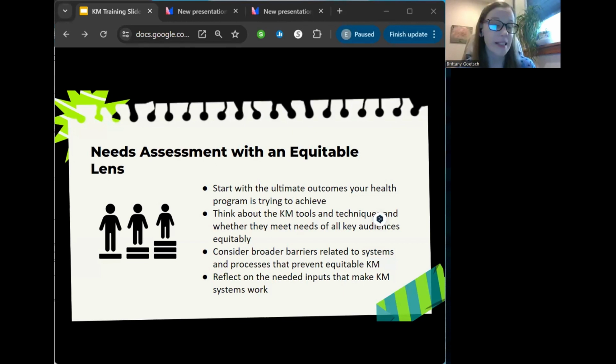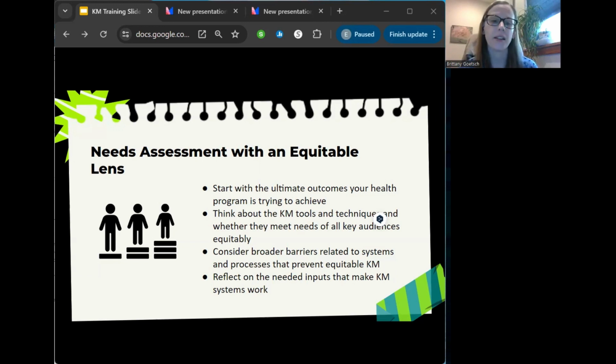And it's essential to reflect on what is considered knowledge. For example, whether only evidence-based knowledge is considered to be knowledge, or whether experiential knowledge is also valued. Who makes those decisions in your organization, in your health programs? Those can be really valuable aspects to understand.